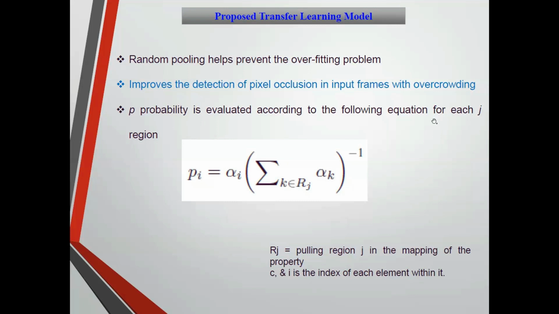It's the equation basically, and if you do the coding part, at that time you will understand the total point. That means the random pooling method. And what is the importance of the random pooling method? It helps to prevent the overfitting of the model.